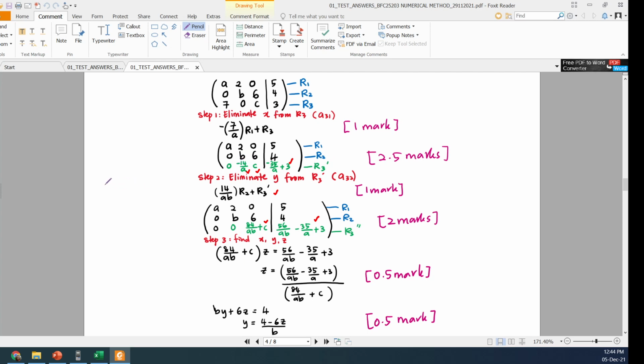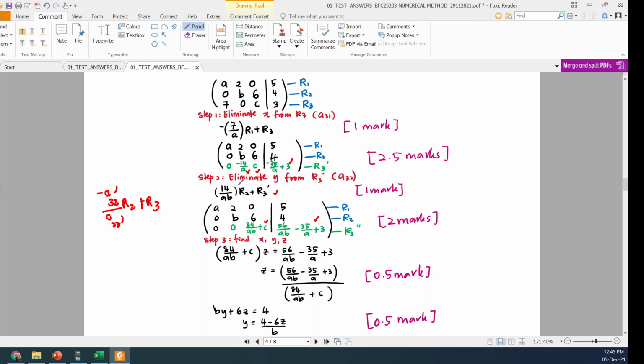Okay, the operation is actually negative A32 prime divide A22 prime, from the latest system. Multiply row 2 plus row 3.